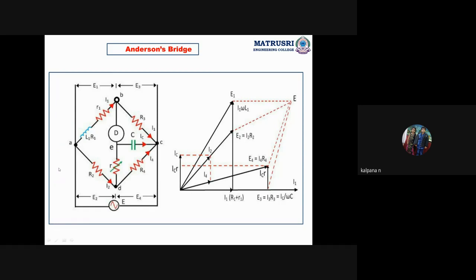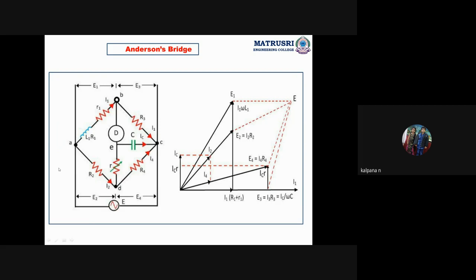Till now, what balance equation have we applied for all the bridges? Z1 Z4 is equal to Z2 Z3. That balance equation we cannot apply here. Why?